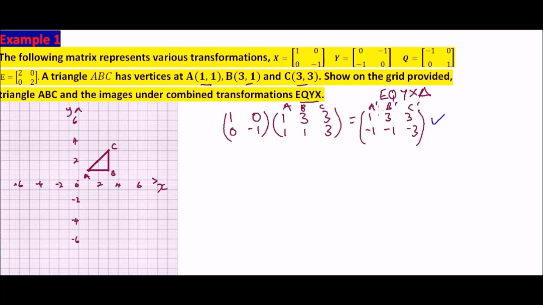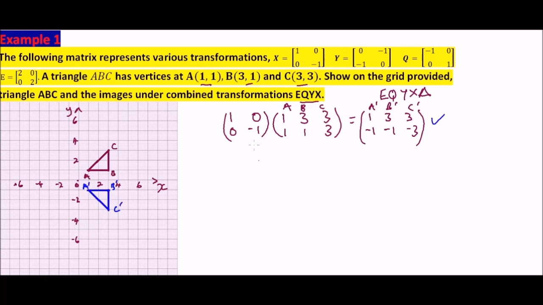So our A prime is at 1, -1, which is that point. 3, -1 for B. This is our B. And our C is at 3, -3. That is our place for C. So we join these 3 points to come up with our first image.